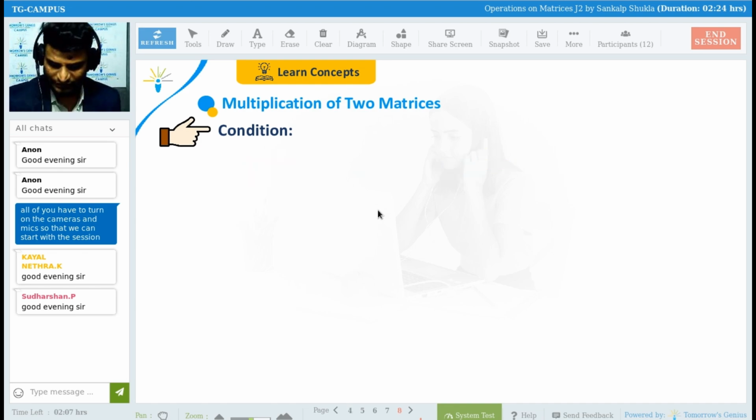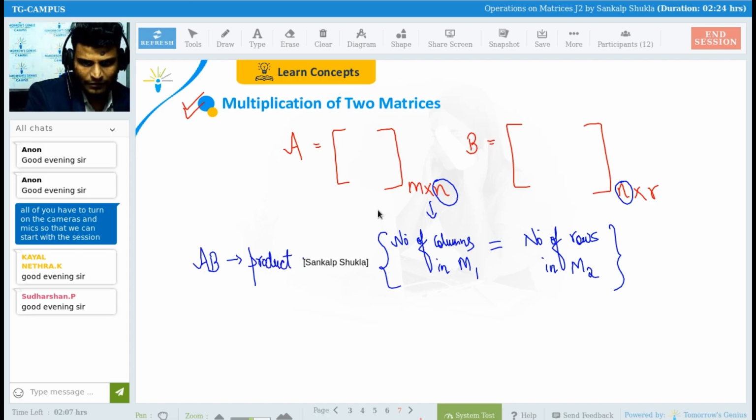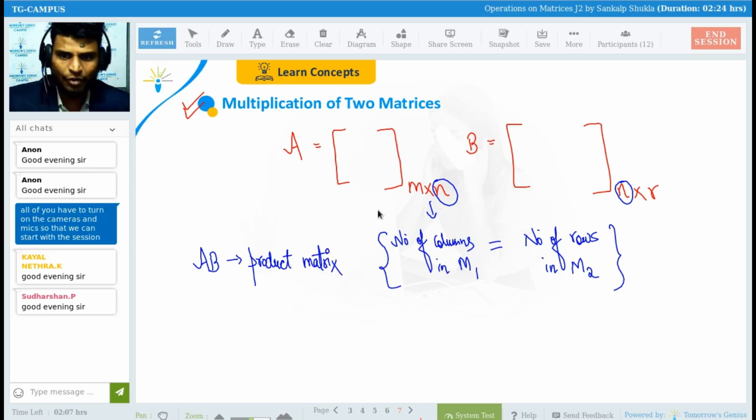If I have considered this A and B, then AB will be my product matrix. Before finding AB, we have to find the order of AB. So the order of AB will be m cross r.